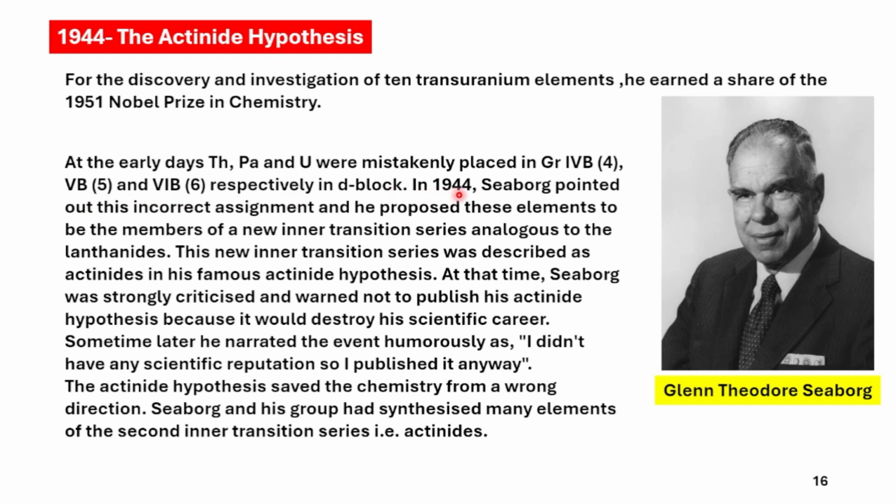In 1944, Seaborg pointed out this incorrect assignment and proposed these elements to be members of a new inner transition series analogous to the lanthanides. This new inner transition series was described as the actinides in his famous actinide hypothesis.